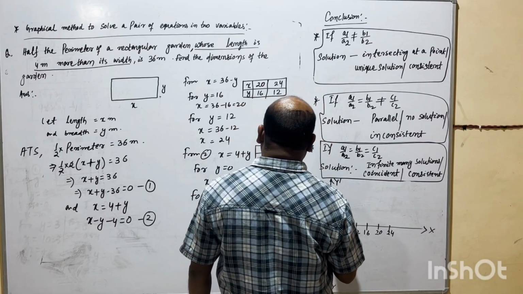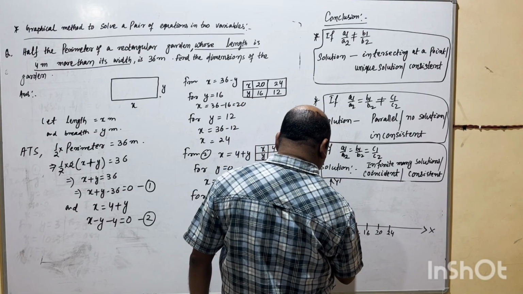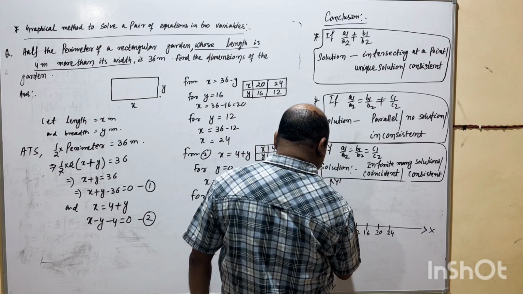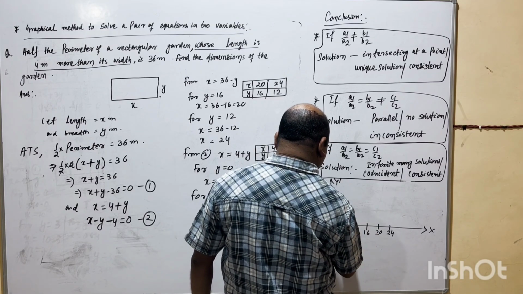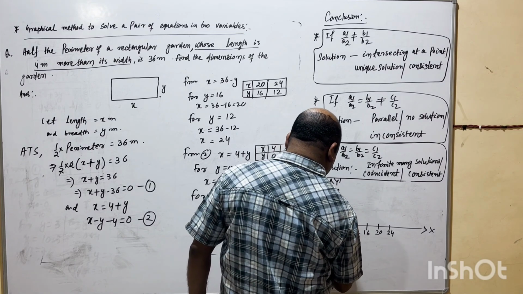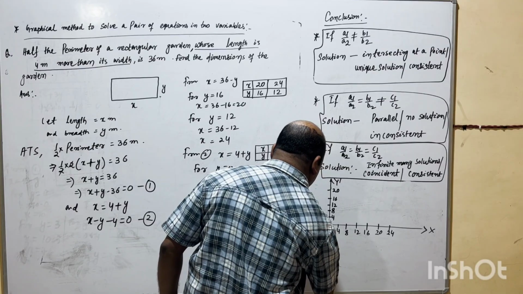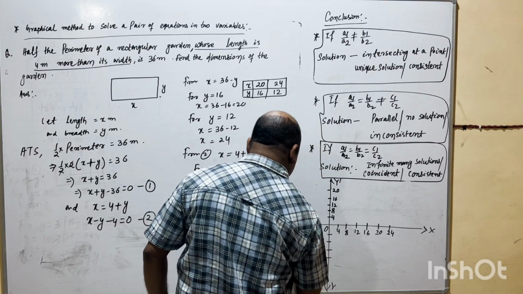Similarly, on the y axis we write 4, 8, 12, 16, 20, and minus 4, minus 8, minus 12, minus 16.